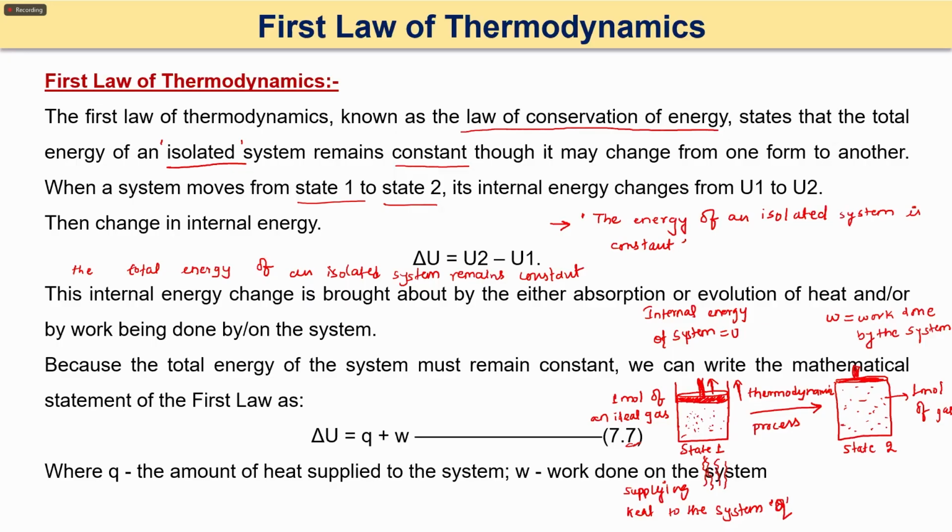So if this is the case, where your system in state 1 is undergoing a thermodynamic change and forms state 2, then the first law of thermodynamics states that in a thermodynamic process involving a closed system, the increment in the internal energy, that is, we are basically increasing the internal energy by applying this heat, is equal to the difference between the heat accumulated by the system and the work done by it.